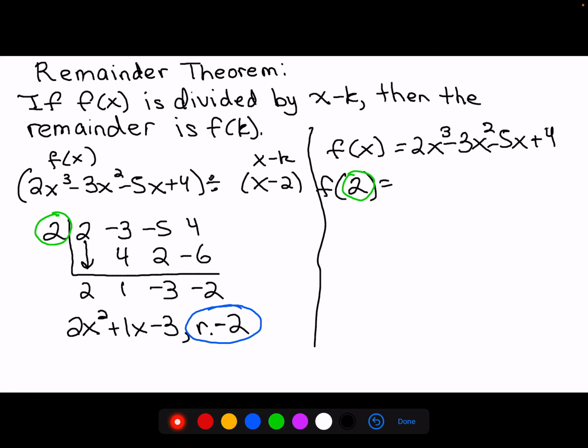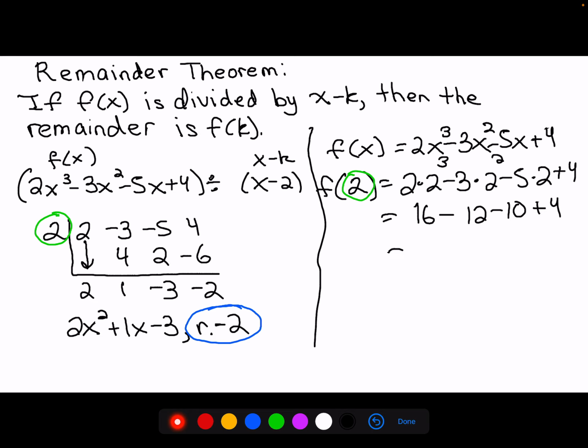All right, so let's plug her in. 2 times 2 cubed minus 3 times 2 squared minus 5 times 2 plus 4. So we get 16 minus 12 minus 10 plus 4. So we get negative 2. And there it is.